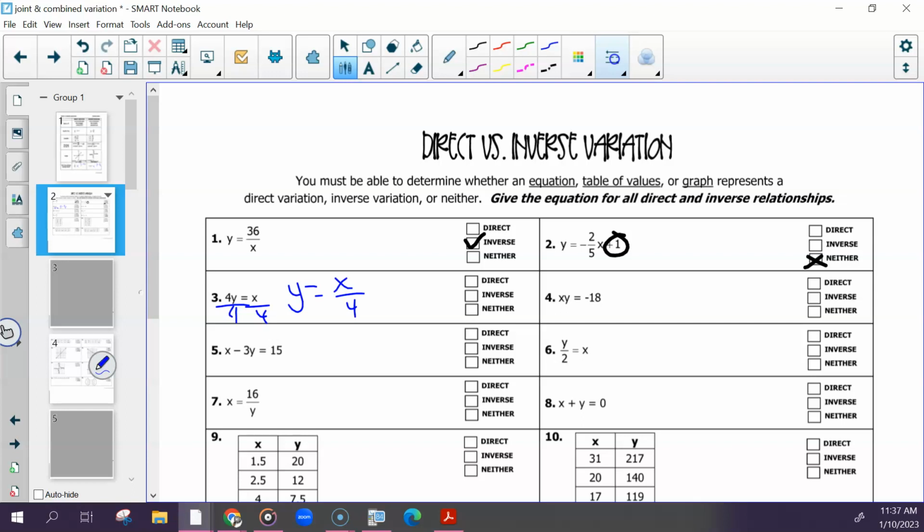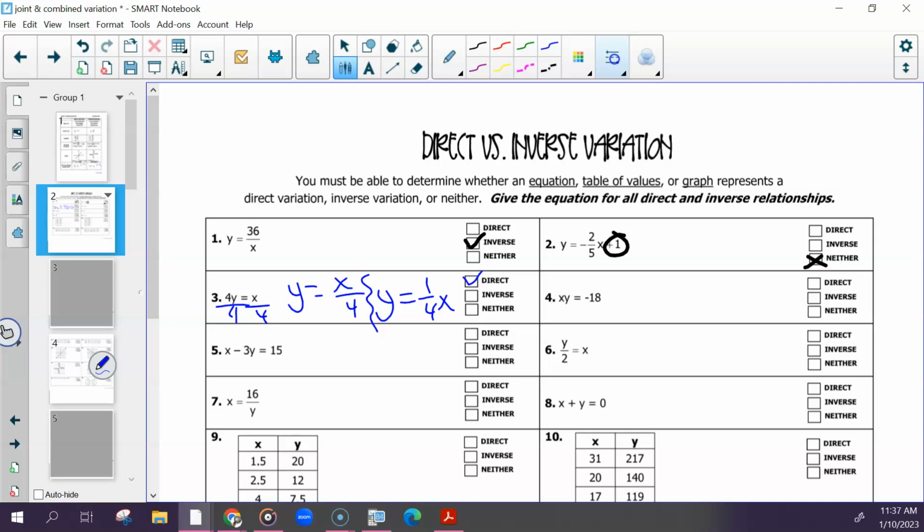It's not neither. It's not inverse because the x isn't down here. It is direct because we can rewrite it like this. So if you see a number underneath or being divided, remember that we can rewrite that as a fraction where x is next to it, so that is direct.